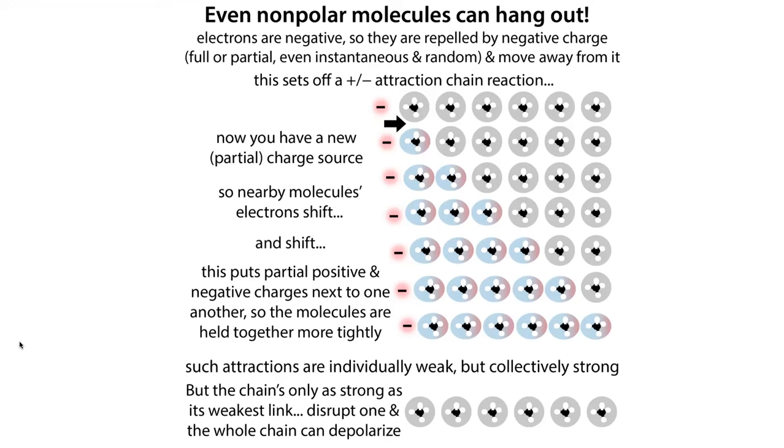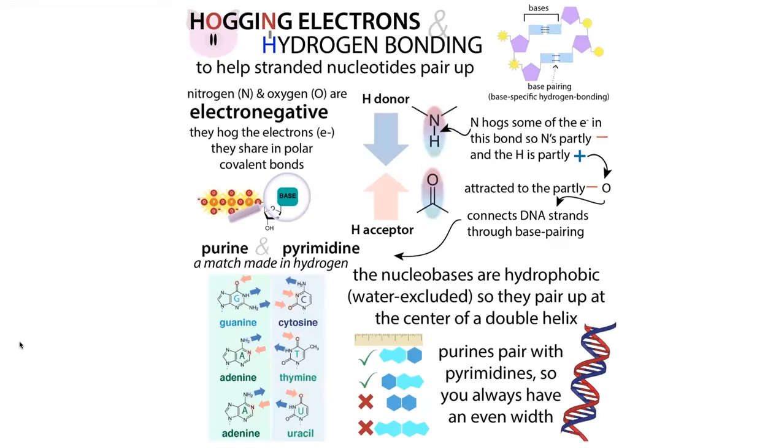If we want specificity, now we've got to introduce some functional groups into the game. And in fact, this is what we do in the bases. So although the bases were mostly nonpolar, they have these opportunities for hydrogen bond formation. And importantly, each of these bases has different opportunities for hydrogen bond formation.